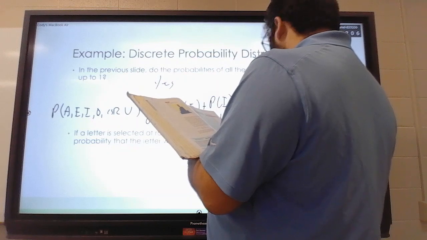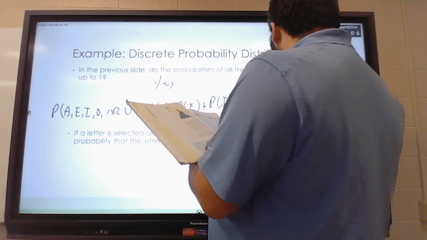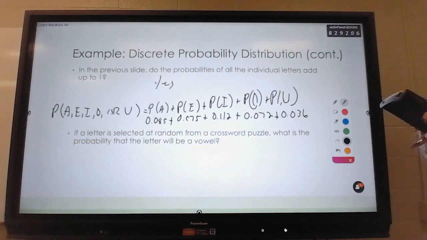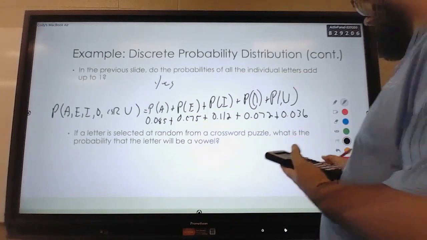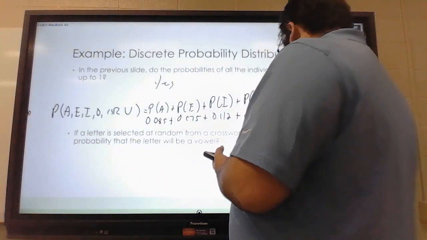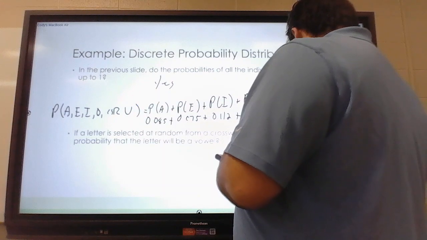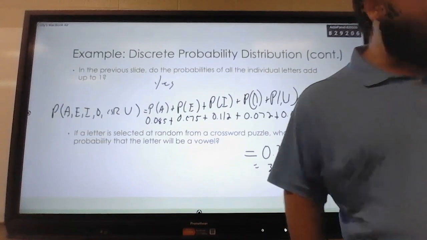And then U was 0.036. So let's add them up. 0.085 plus 0.075 plus 0.112 plus 0.072 plus 0.036. And I get 0.38, or 38%. A 38% chance that the letter would be a vowel.